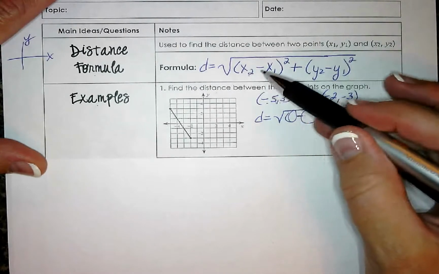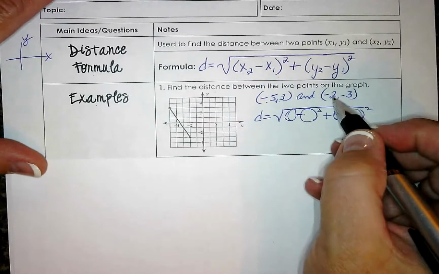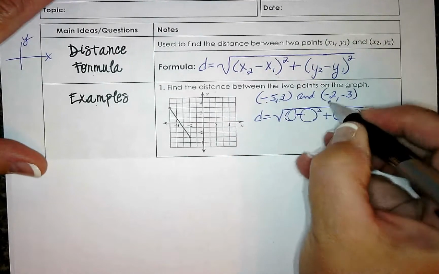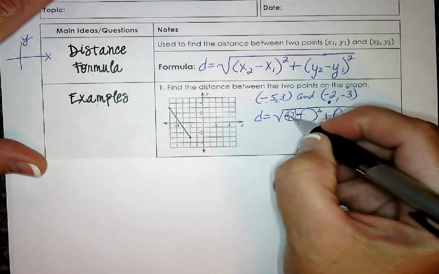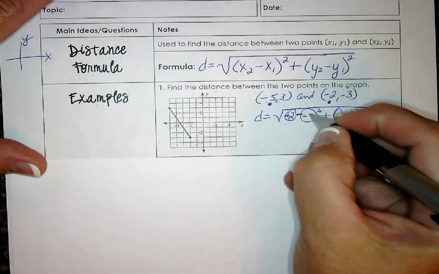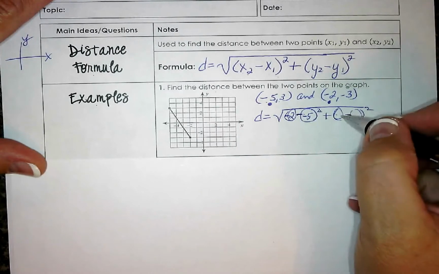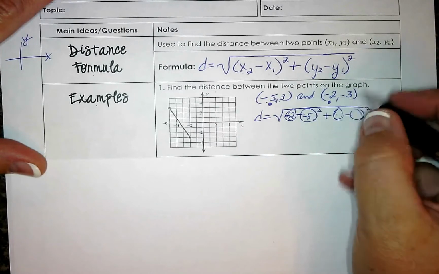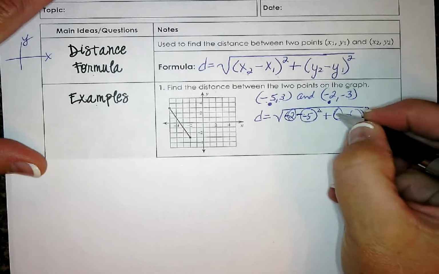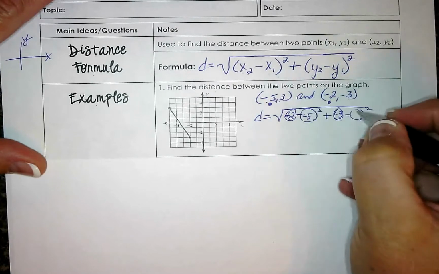So x minus x. I'm just going to start with this one over here. So here's my x. Put a little dot by it. I'm going to make that -2. Here's my x. I'm going to put that one -5. Watch your signs. Over here, I'm going to do the y's. Now, because I started with this one, I'm going to go here with this y, -3 minus 3.